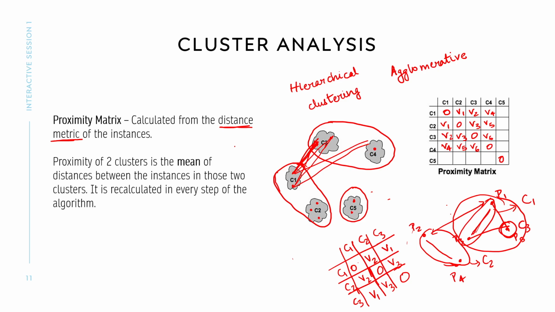Every point of one cluster to every point of another cluster, I have to calculate the distances, and I have to take the mean of those. So it sounds very hard to do by hand, but for a computer, this is a very trivial task. It does not take up much time or computational space, so a computer should be able to do this clustering very fast.